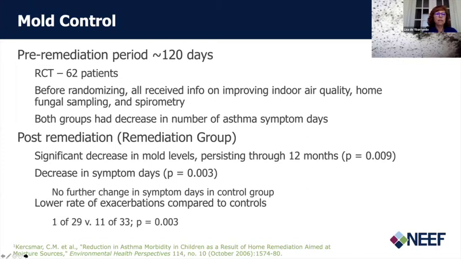That led to a decrease in the number of asthma symptom days in all of the children enrolled in this study. So the remediation group received significant household repairs. They had reduction of water infiltrations, removal of any damaged drywall, and HVAC system repair. And it actually cost a significant amount of money, about $3,500 on average per household.